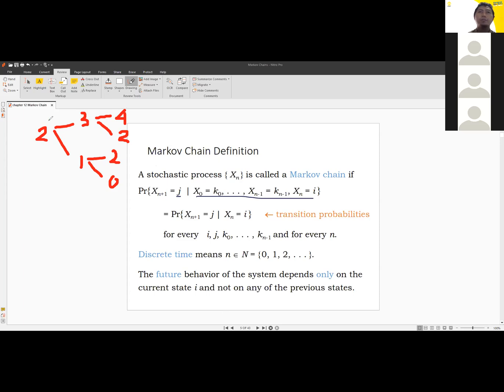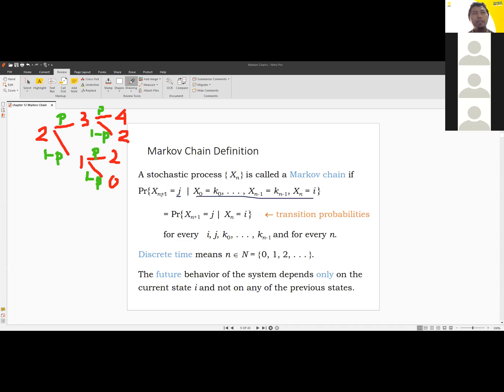Let's say the probability of winning is P, and the probability of losing is 1 minus P. And also this is P, and this is 1 minus P.